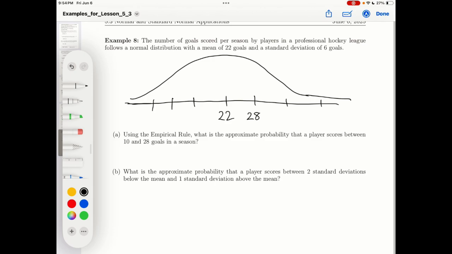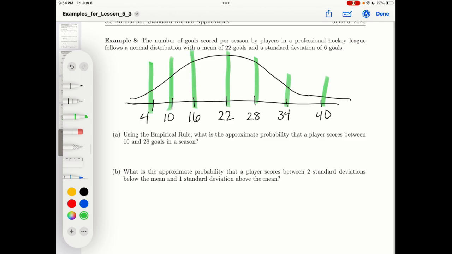And our standard deviation is 6, so this is going to be 28, 34, and 40. And then when we go 6 in the other direction, that's going to give us 16, 10, and 4. So let's make our areas. Our two little wings on each side, that's 0.15. Then this is 2.35. Then this is 13.5. And then 34 for each of these.